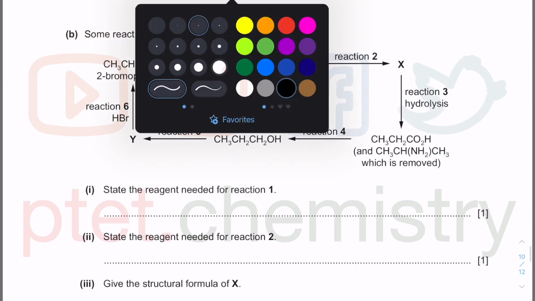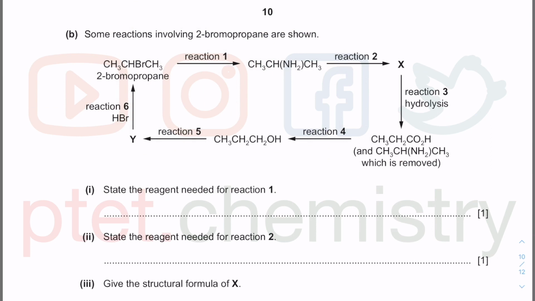Now to part B, we're given some reaction scheme here. The best thing to do with this kind of question is to draw and see for yourself. That's always the advice I give for students. So 2-bromopropane, and what we get here is we have done a substitution, and we have replaced the Br with NH2. This is what you call substitution.